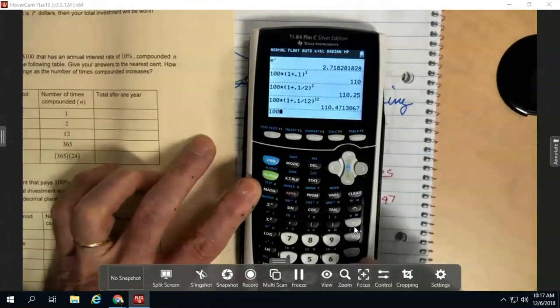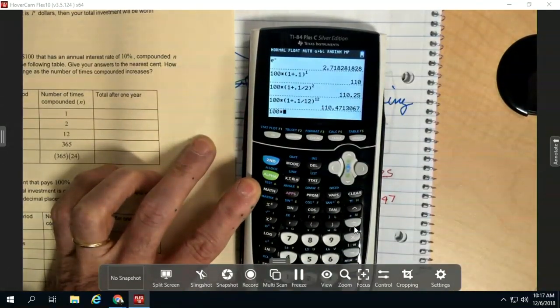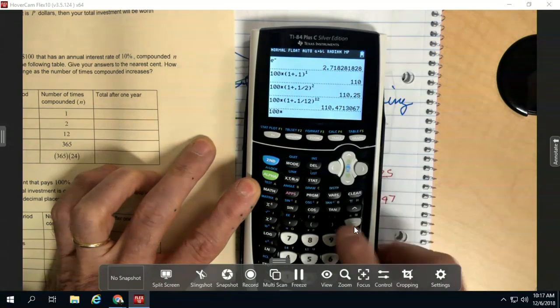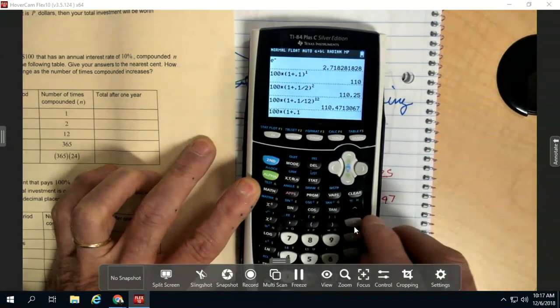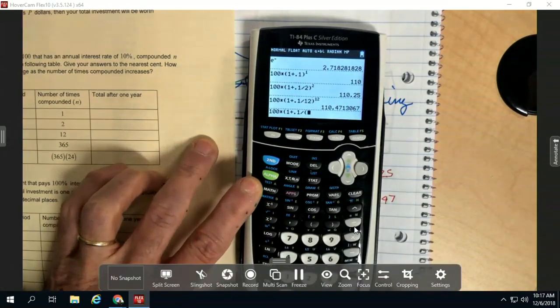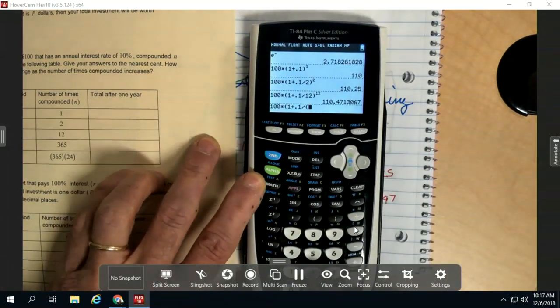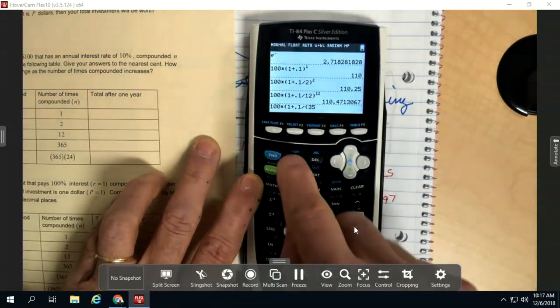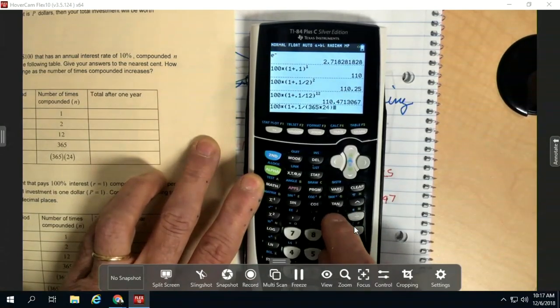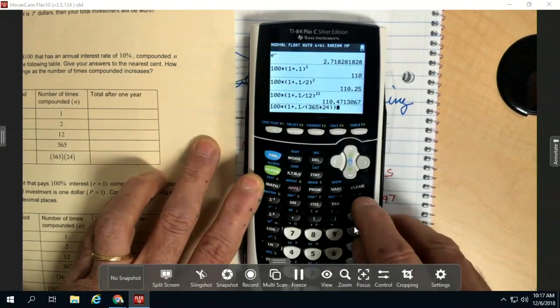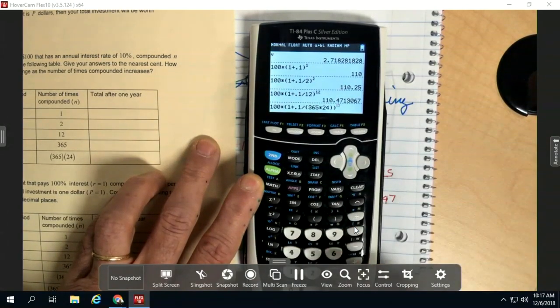So 100 times parentheses 1 plus 0.1 divided by, and I'm just going to use parentheses in the denominator, 365 times 24, close parentheses, to the 365 times 24.